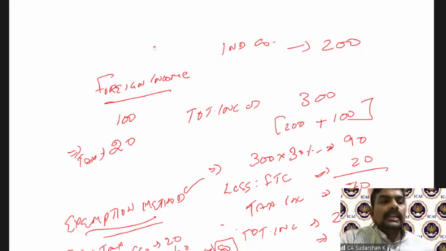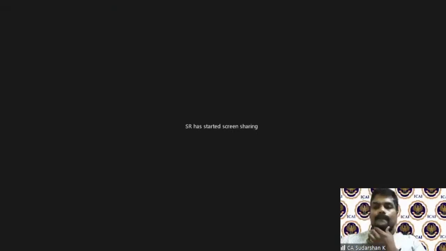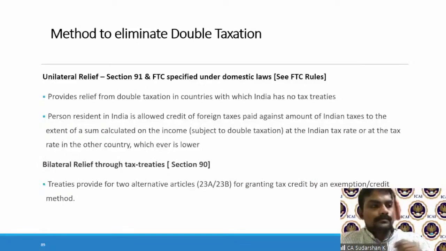But in many of India's tax treaties, we do not have this concept of exemption. India largely follows a foreign tax credit method. Now, coming back to unilateral relief, what if there is no tax treaty?